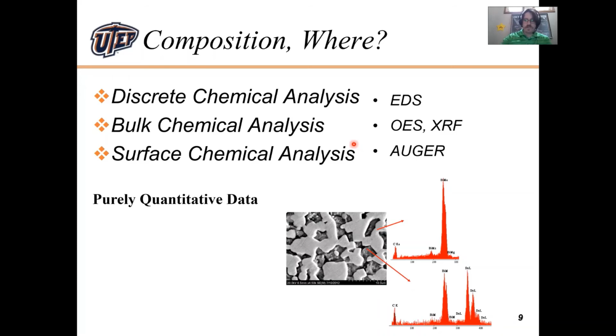So here we have a tin-bismuth solder, and we over-etched it, I know, but we took discrete chemical analysis. This is an example of EDS. We took discrete chemical analysis from the two phases, and we found that one of the phases is bismuth-rich, and the other phase is composed of tin and bismuth. So that's kind of cool.